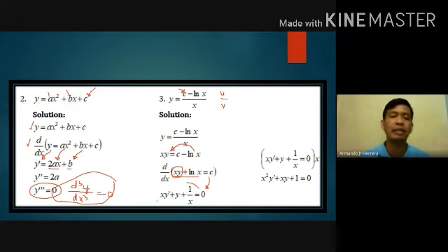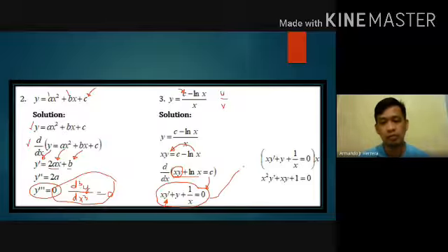So again, pwede na ito ang ating maging answer dahil nakuha na natin ang ating derivative na nagko-contain na ang ating equation ng derivative at nawala na yung arbitrary constant. Pero kung gusto mong i-simplify, i-multiply natin lahat by x para matanggal lang yung denominator.